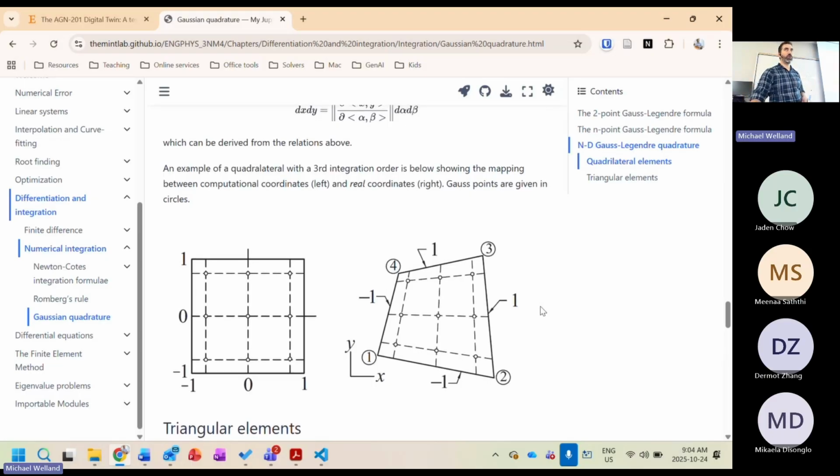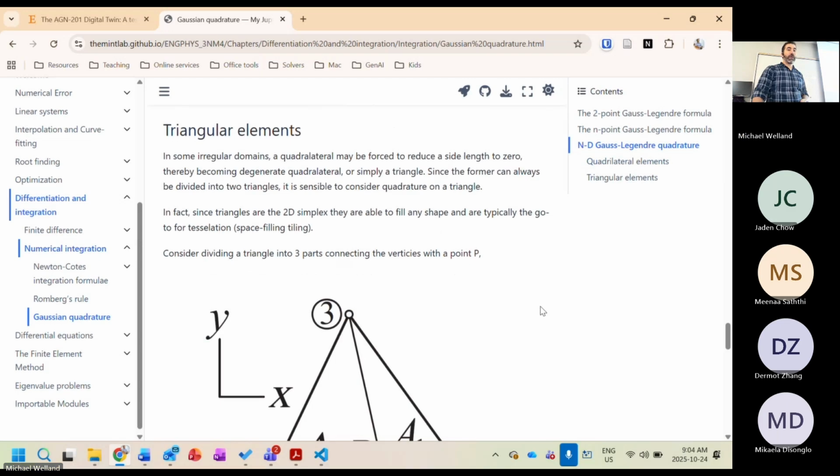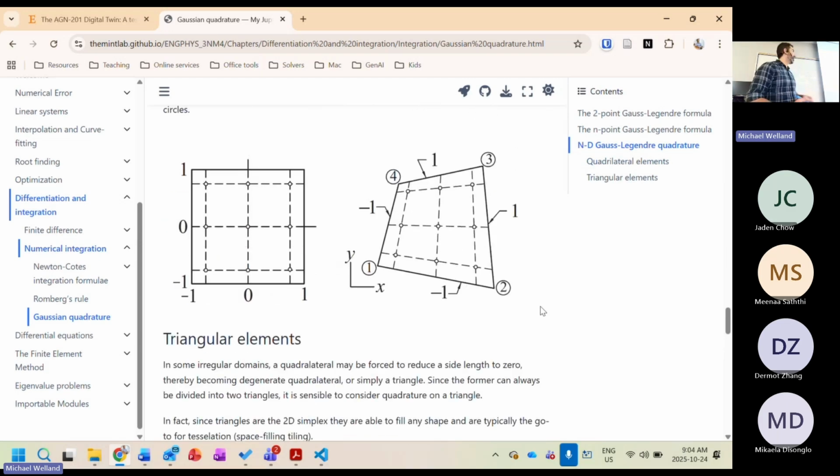There's one more big old wrench that's going to be thrown into it, because one possible transformation that you might do for this guy is this nasty one. And you've just made one of these guys degenerate, even to the point where this actually just becomes a triangle, right? Quads are convenient, but they are not the, I think the term is simplex, right?